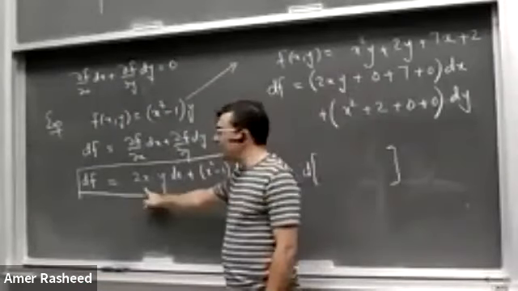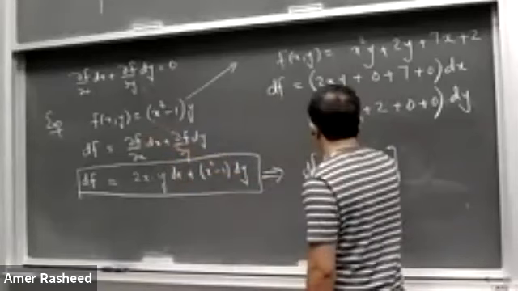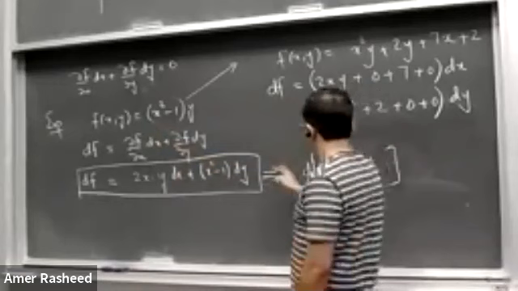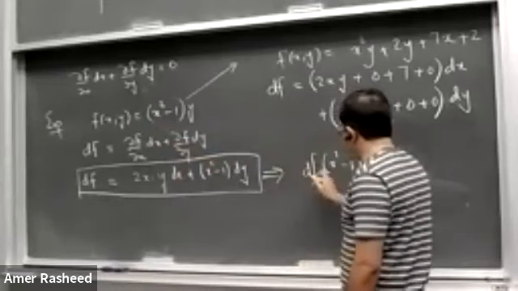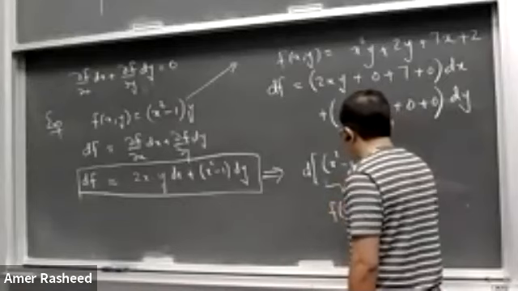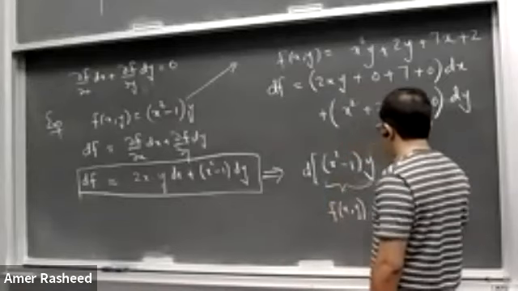Do we have some function? It's this thing, x squared minus 1 times y. This is equal to the differential of this function. So what is this? This is your function f of x y equal to some constant.